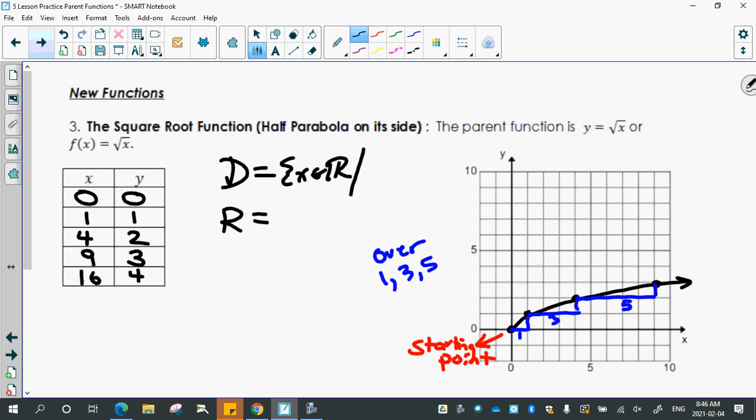Yep. X is a number of the reals as long as it is greater than or equal to 0. Perfect. And the range? The same. Same, except for one. Good. So not on the graph till 0, and then draw this on the graph till 0. Make sense to everybody? Okay, great.